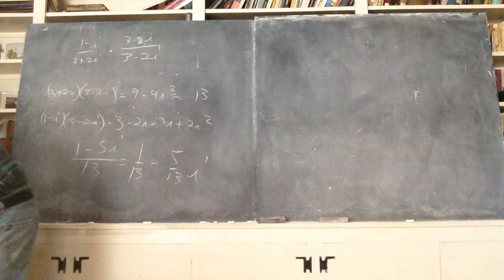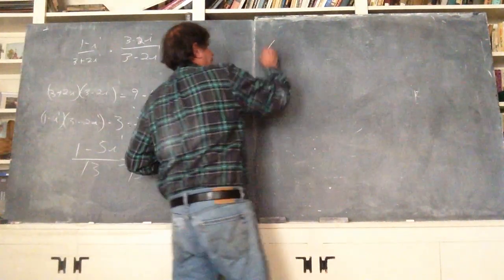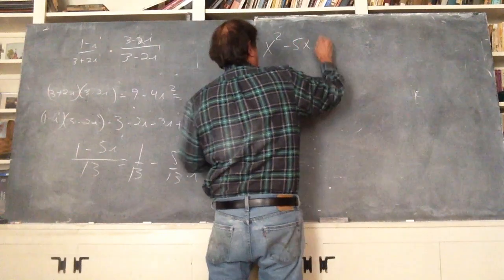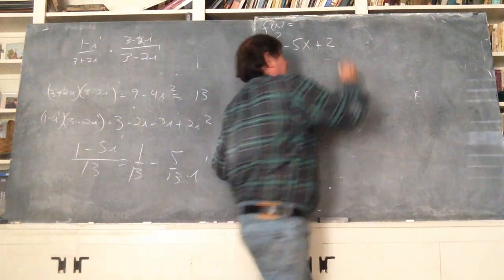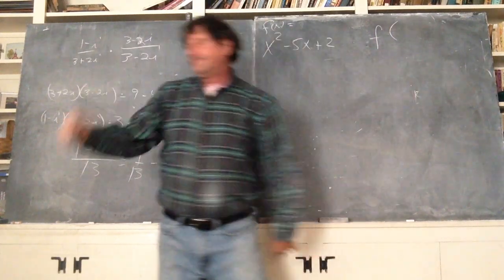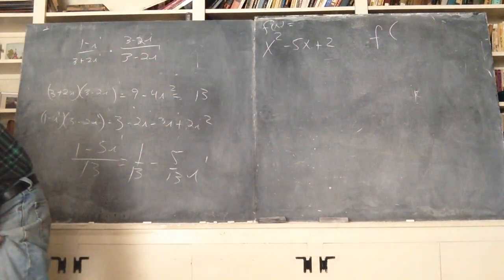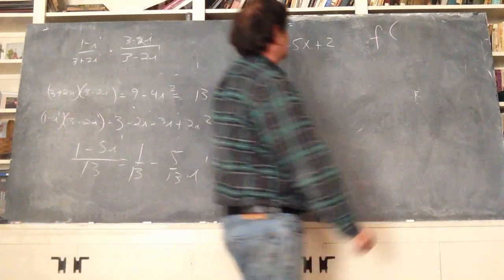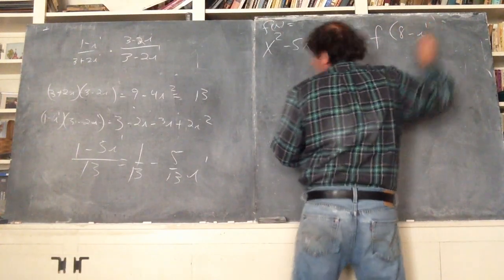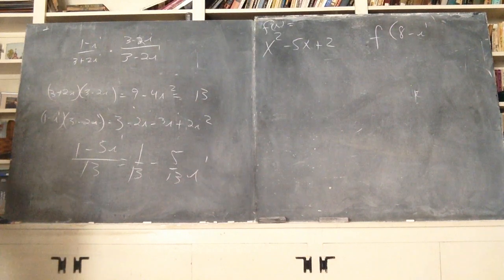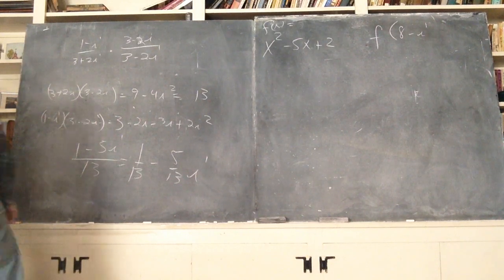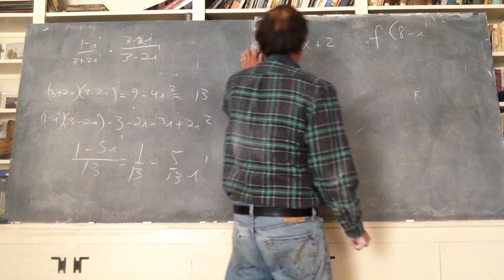X squared minus 5x plus 2 is f of x equals, there's a function there, and they want the function's value at some imaginary number, 8 minus i. Wait a second. No, beautiful stuff. I got the 2x squared minus 3x. It makes it better.